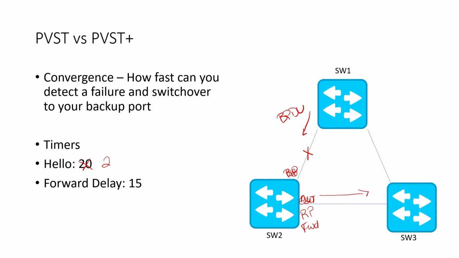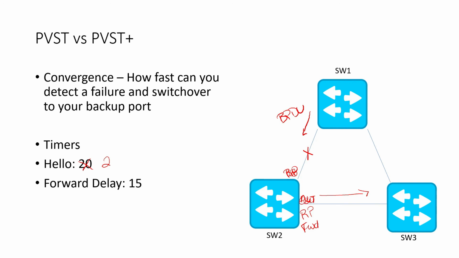But when spanning tree converges in 6 seconds, your users may not even know that something even happened. But convergence is the one reason, the big reason, the main reason why we prefer rapid spanning tree over regular spanning tree. And guys, that is it for this video.